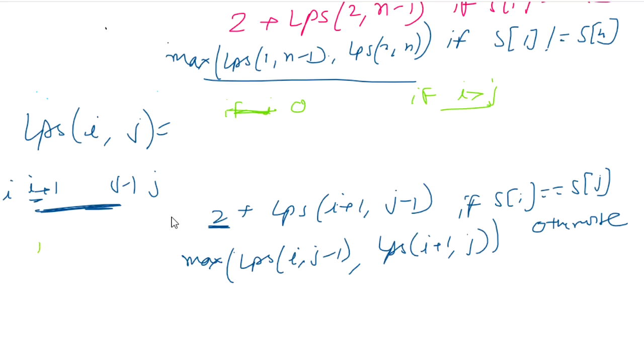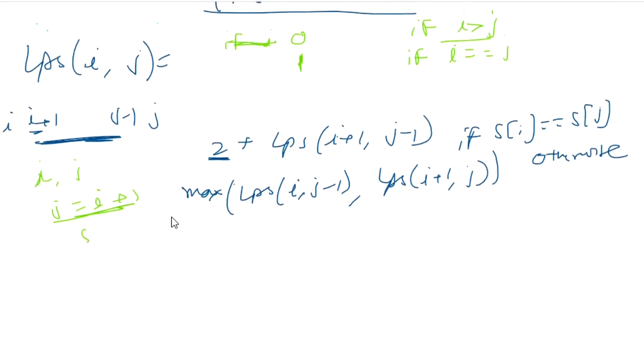Now suppose, if i and j are equal, then a string of length 1 is always a palindrome of length 1, so we'll return 1. And let's say there is a third case, let's say i and j are consecutive, that is j equal to i plus 1, and if they are equal, that is s[i] equal to s[j], then it will be a palindrome of length 2.